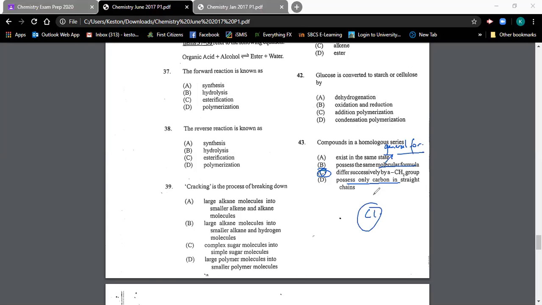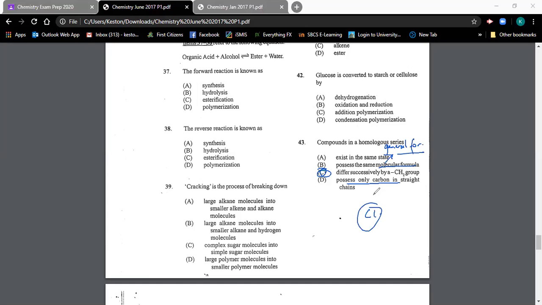Members show similar chemical properties, and that's because of the same functional group, though reactivity decreases as the number of carbon atoms increases, which would make sense. Physical properties change as the number of carbon atoms increases, things like melting point, boiling point, and density increase as the chain gets bigger.